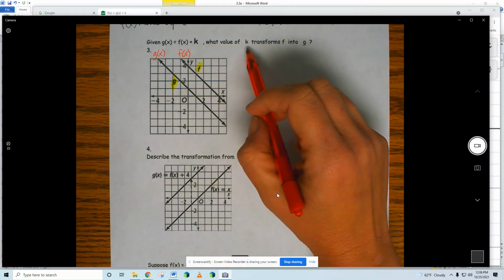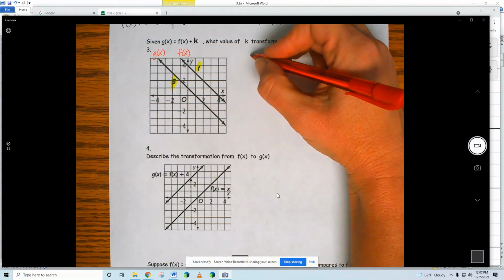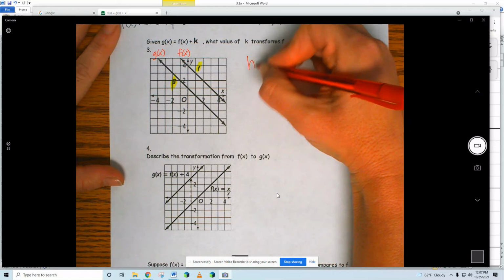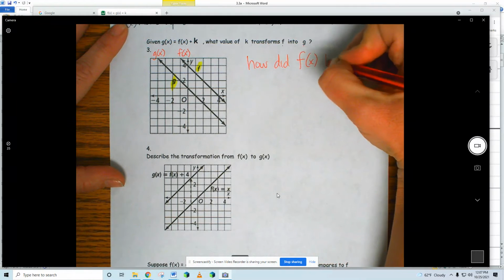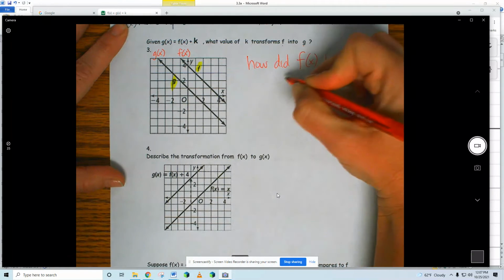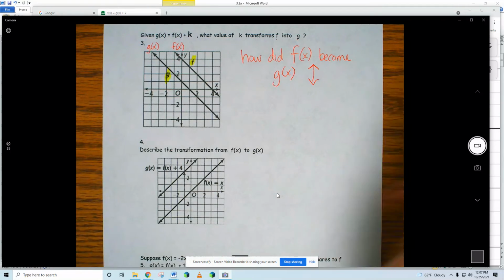What value of k made f go into g? How did f of x become g of x? I either moved up or down because it's a k. So look, f of x is above, g of x is below.